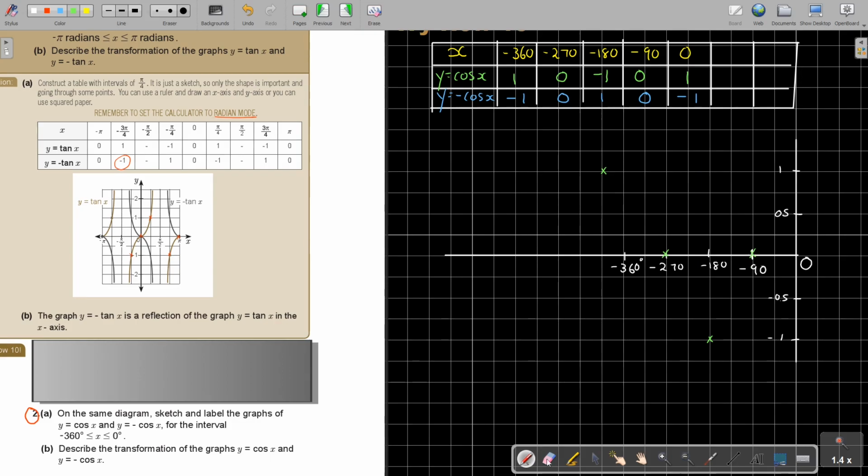Now I see I was not very accurate there. Okay, now it's looking better. And then at 0, it's 1. And that's why it's good if you know the basic shape, because now you know that shape.